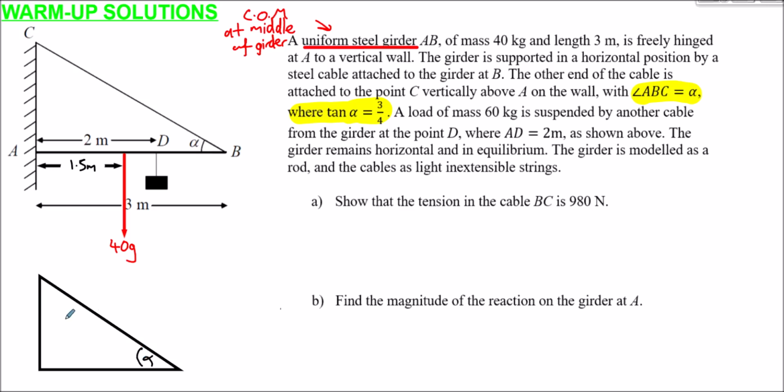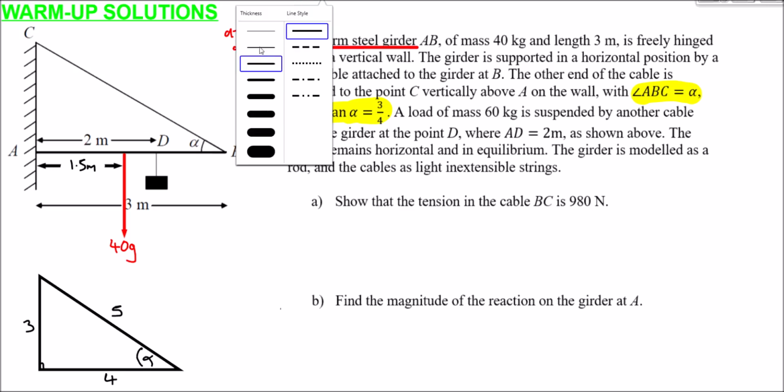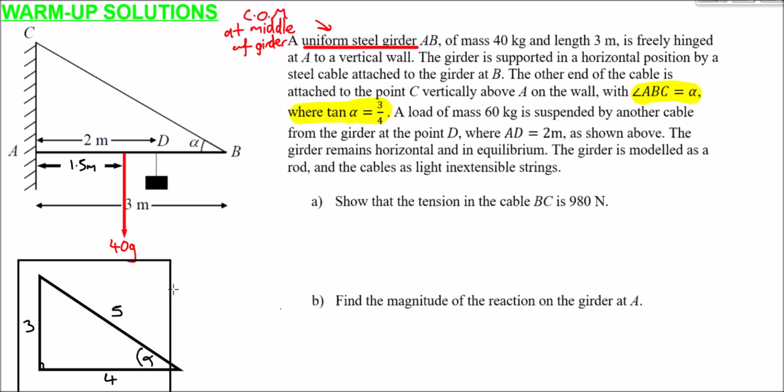So imagining a right-angled triangle, alpha, the opposite side and adjacent is in the ratio 3 to 4. Using Pythagoras, the hypotenuse would therefore be the square root of 3 squared plus 4 squared, the square root of 25 in other words, which is 5. And so from this we can deduce sine and cos alpha in terms of exact fractions.